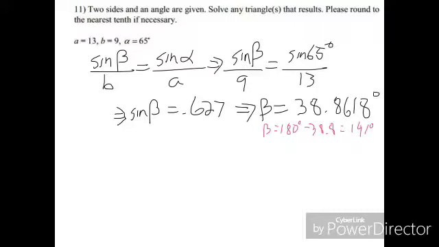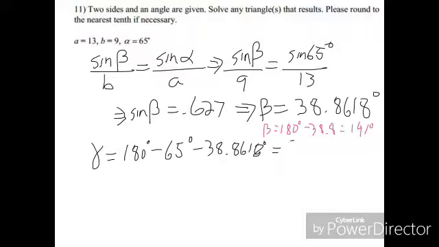Now we need to get gamma. Gamma is 180 minus alpha 65 minus beta 38.861. And that gives us 76.1382 something degrees.